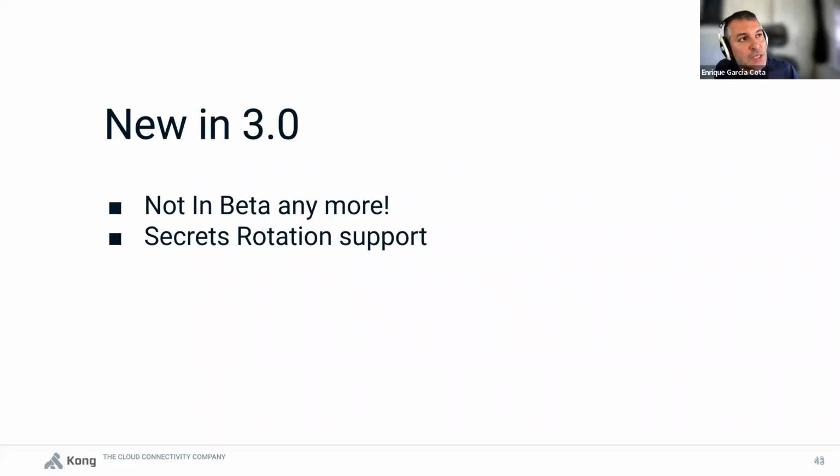What secrets rotation means is that if a secret changes on the vault in your HashiCorp or AWS vault, then our control plane will get notified and it will update the data planes automatically. Note about this one, the environment variables cannot be changed. So they can be changed, but they cannot activate secrets rotation. Only AWS, HashiCorp, and others that we will add in the future will have this support.